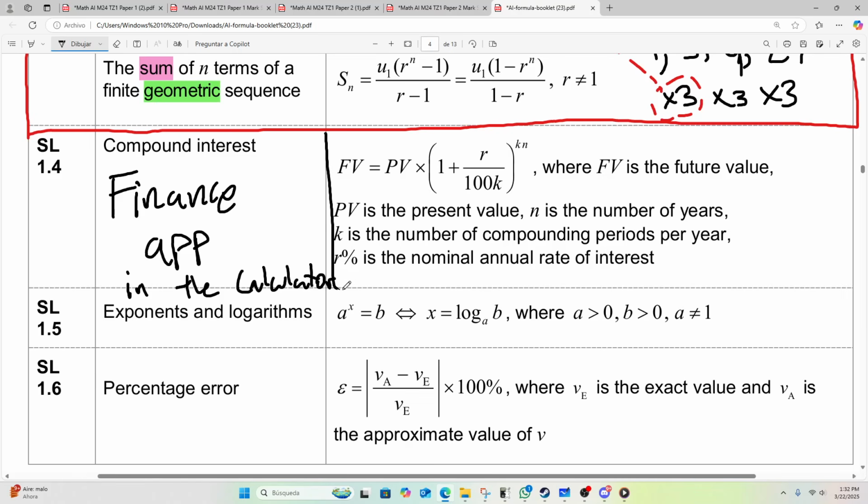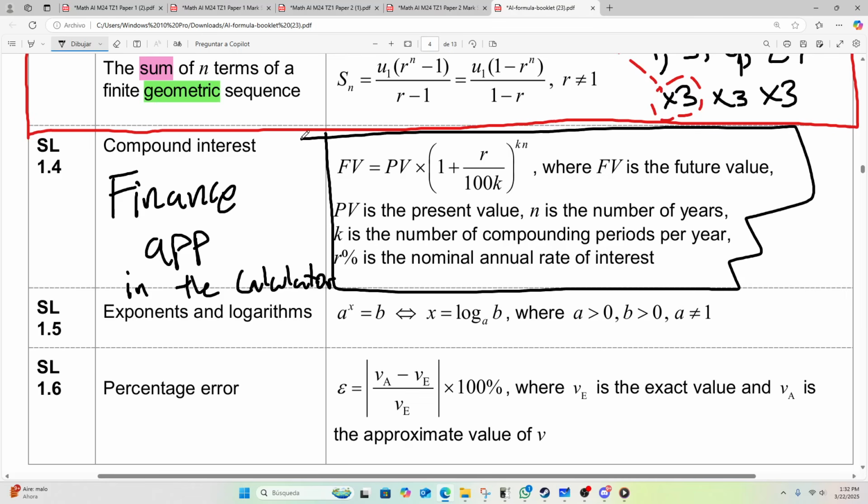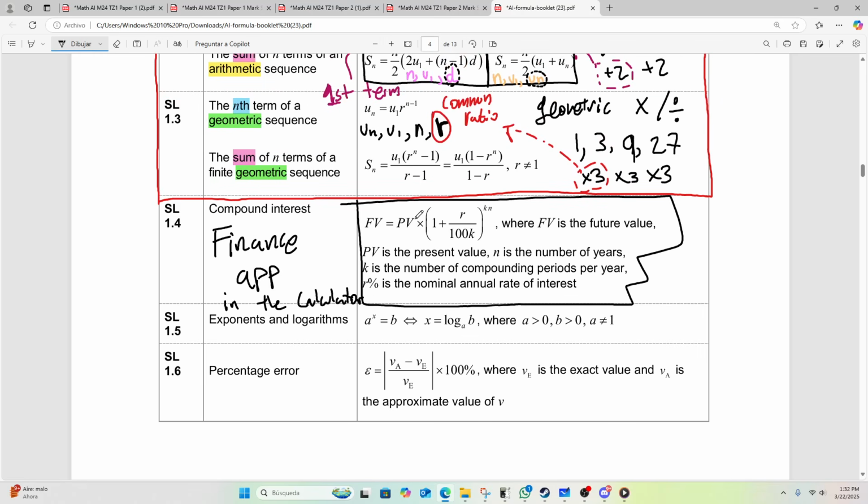You can learn this formula and it can help you in your approach, but more often than not, you will encounter scenarios where you need to use the finance app anyways, okay? So this is a specific scenario of learning something in the formula booklet that, okay, it can help you in most scenarios, but not all. So what does help you in all scenarios? The finance app, okay? So I'm going to be putting a video in the description for you to learn the finance app really, really well.